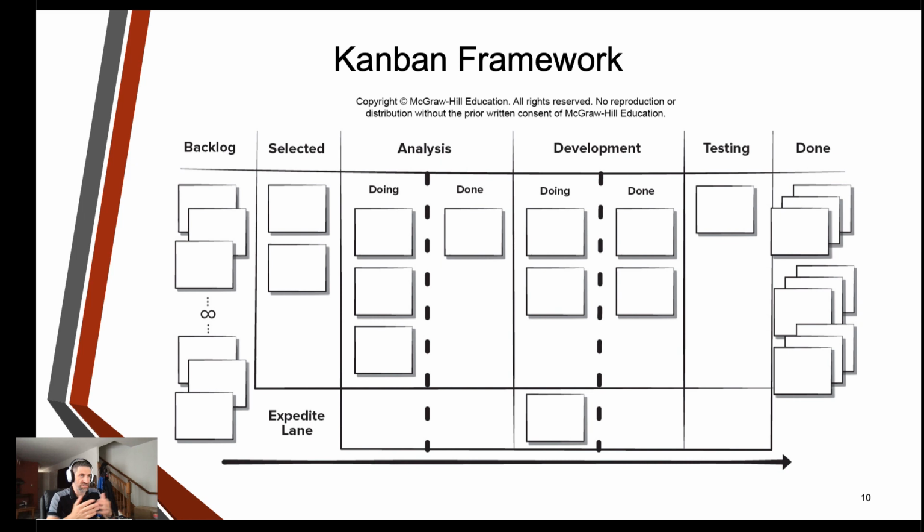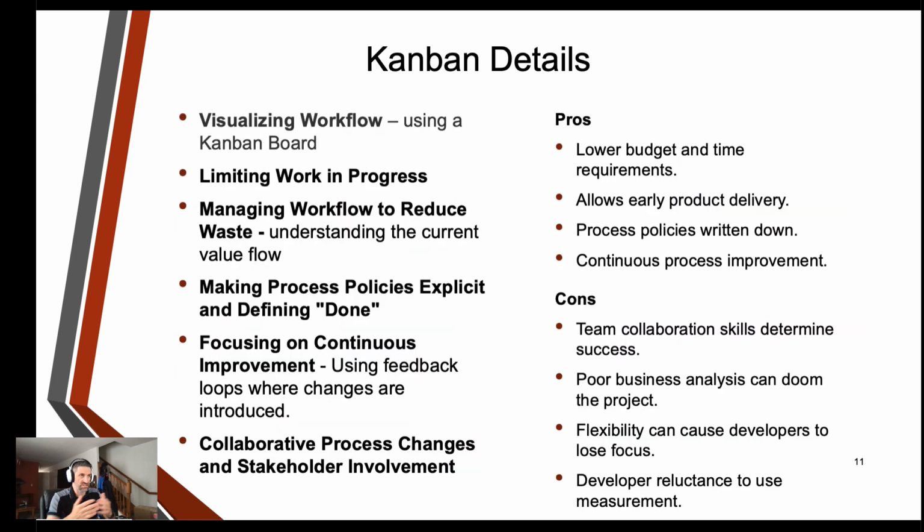We also have an expedite lane. You can see here on the bottom where we will put any tasks that absolutely are higher priority. These are all using a Kanban board, which is a visual tool to track and visualize the workflow. I just showed you what that looks like.